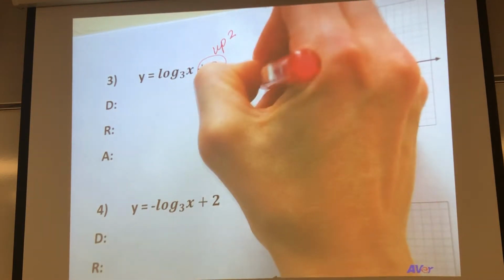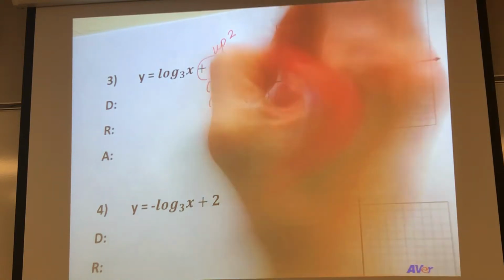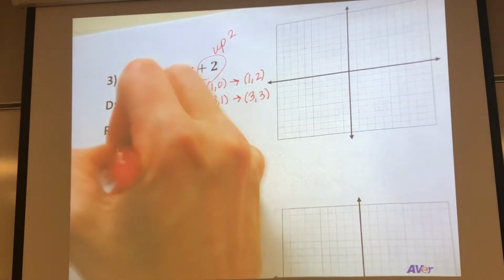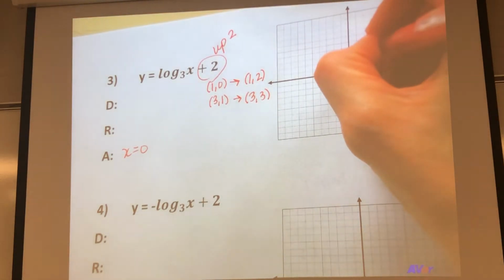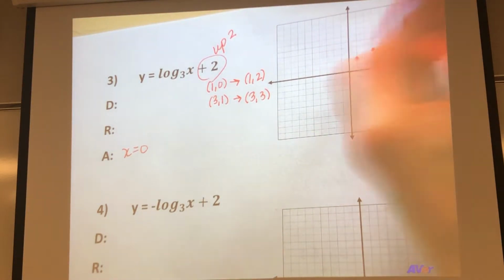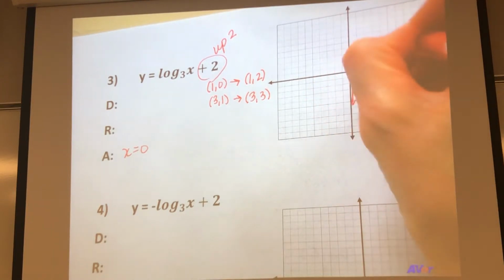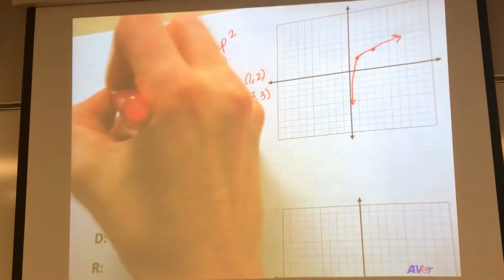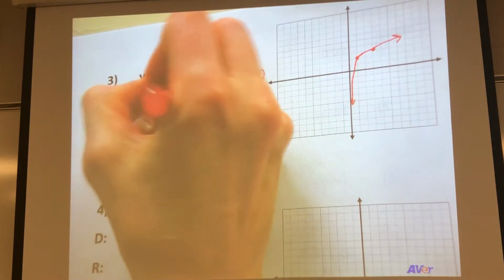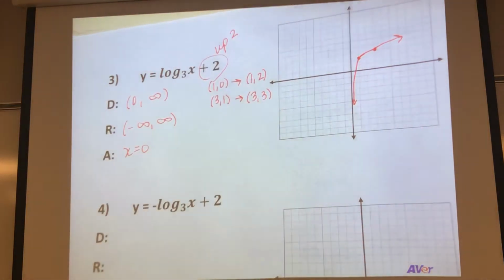So 1, 2, and 3, 3. When you move something up, it doesn't affect your asymptote. So our asymptote is still going to be the y-axis. It just shifts our points up 2 spots. So that means our domain is the same as our parent function, and our range is as well.